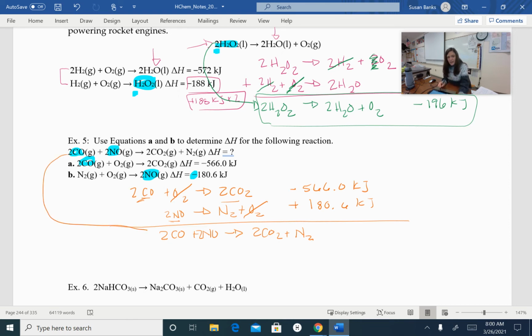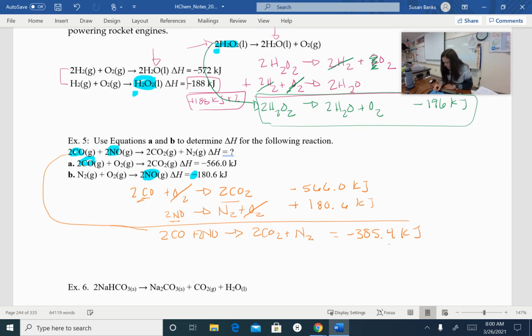Okay, so let's add up negative 566 plus 180.6. That gives me, let's see, a negative 385.4 kilojoules.